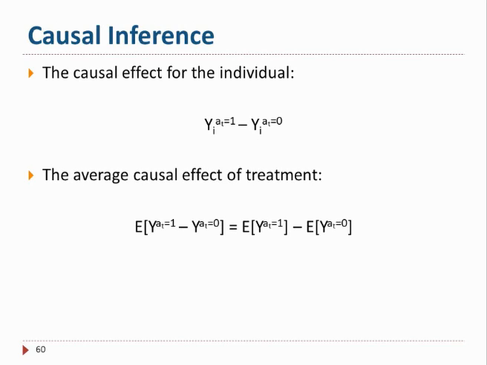So all the factors are equivalent except for the one that you're interested in, and you estimate the causal effect in that way. And that's why the assumptions are so important here. But we're making them all the time anyway. We're just not always being explicit about them. So this gives us a chance to be more straightforward about the assumptions.